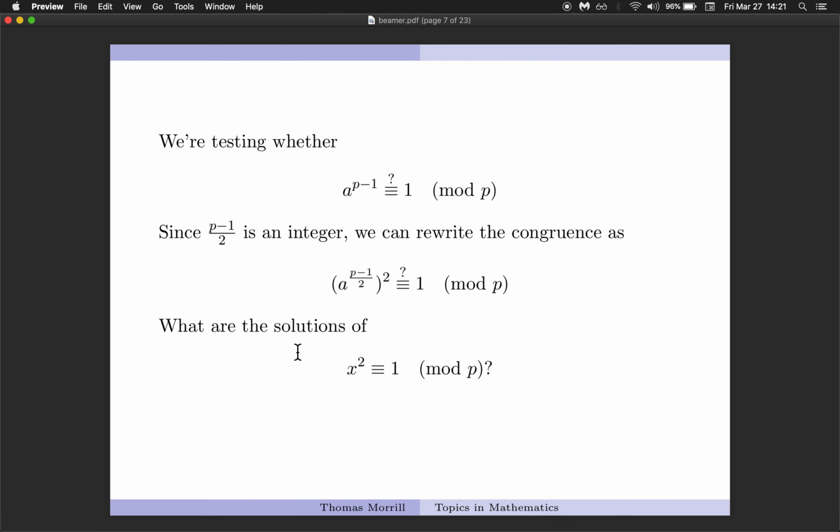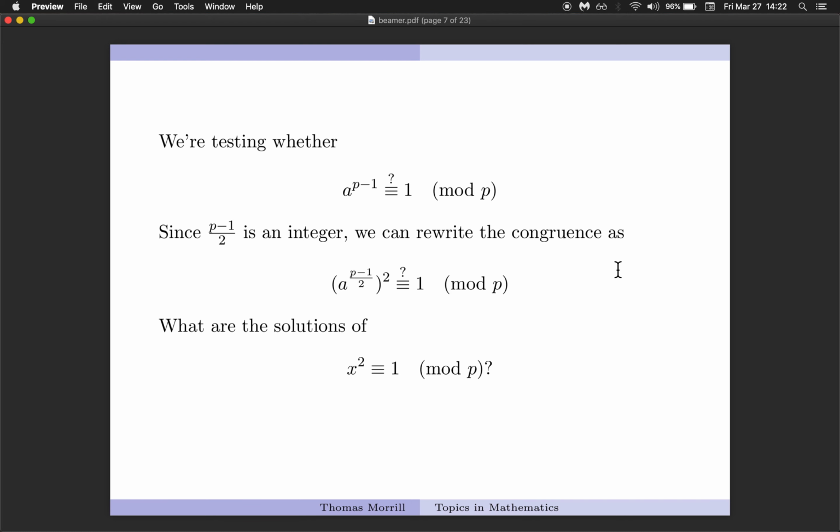So for the fact that I am taking something to a power, right? I'm taking my residue a, raising it to the power p minus 1, and my test is to check whether or not I get 1 modulo p. But since p minus 1 is even, this fraction, p minus 1 divided by 2, is actually an integer.